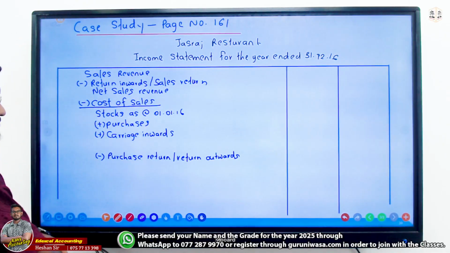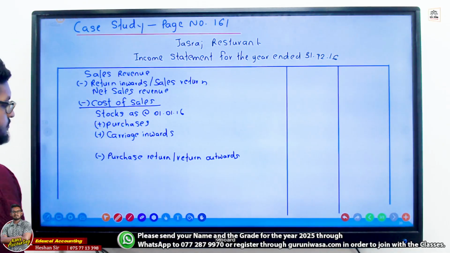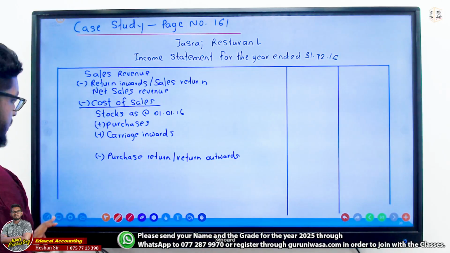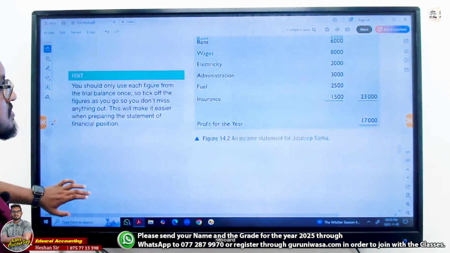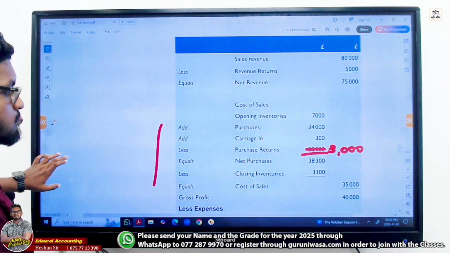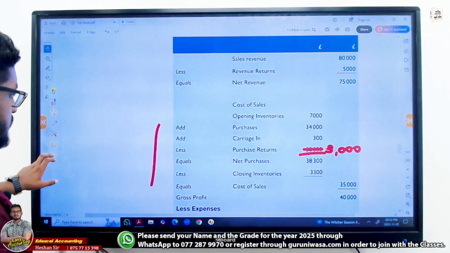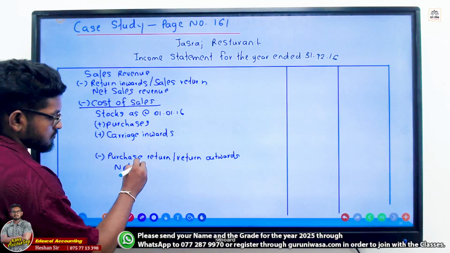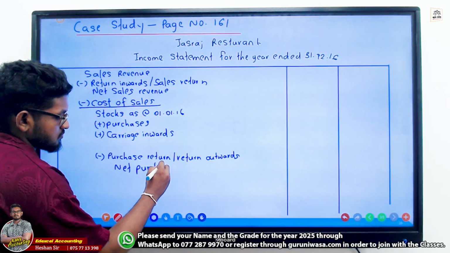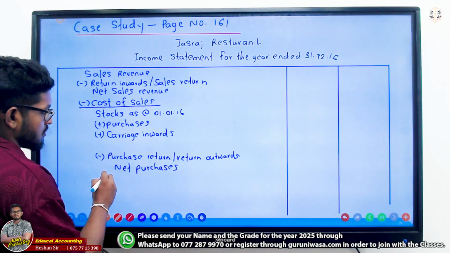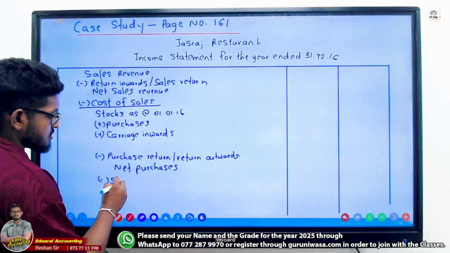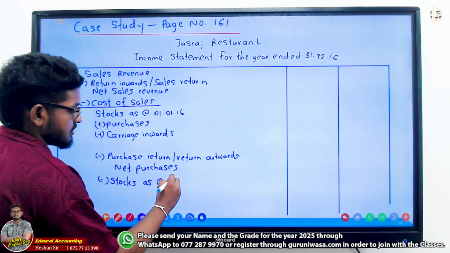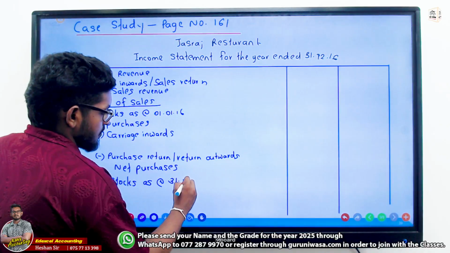Then you can write net purchases, minus stocks as at 31st December 2016.